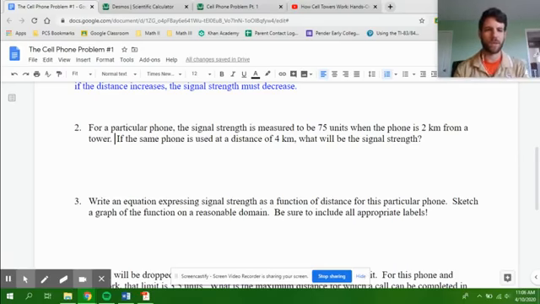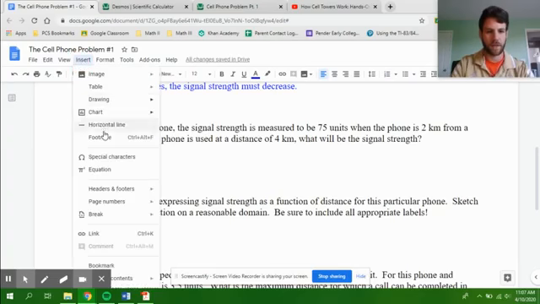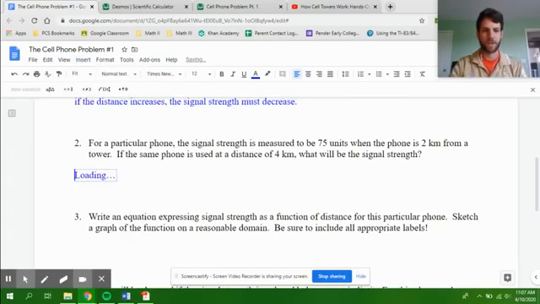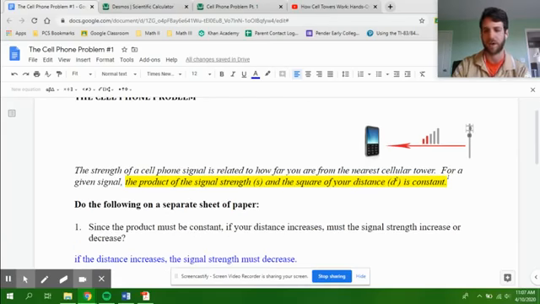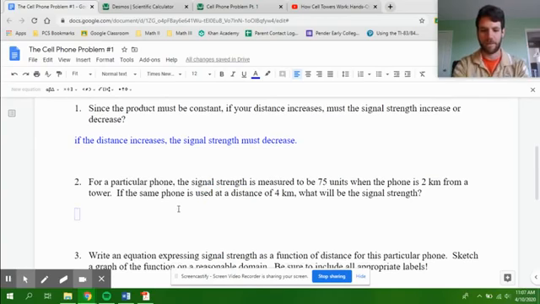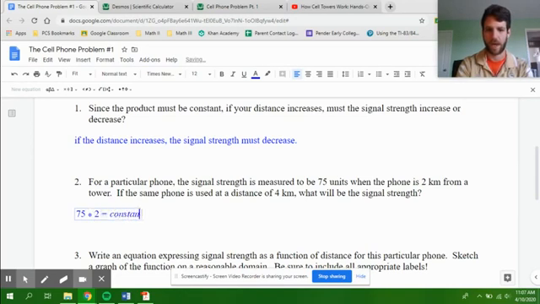We are now on question number 2. For a particular phone, the signal strength is measured to be 75 units when the phone is 2 kilometers from a tower. If the same phone is used at 4 kilometers, what will the signal strength be? So for this, we're going to use some equations. If the product of the signal strength and the square of your distance is constant, that means I would have something like 75 times 2 equal to a constant.